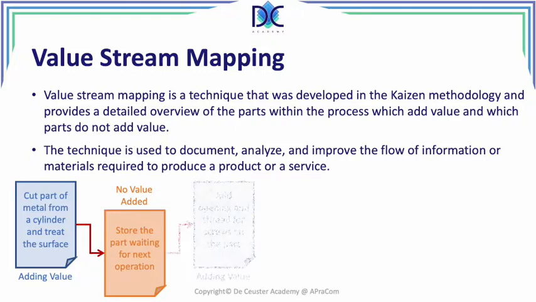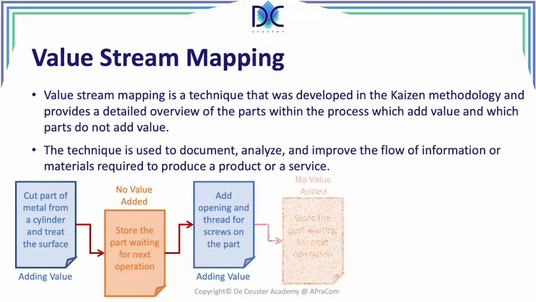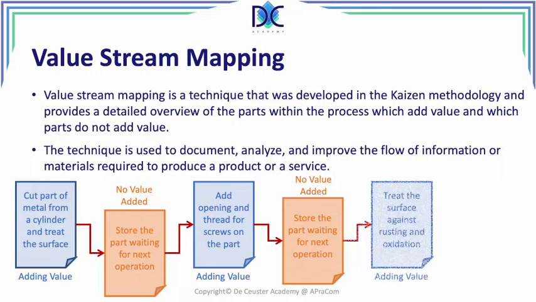Then we move it back and we add an opening and a thread for adding screws on the part. So here we are improving the element that we have. We are adding value. We put it again in store to wait for the next operation. Again, no value is added. And we continue like this.